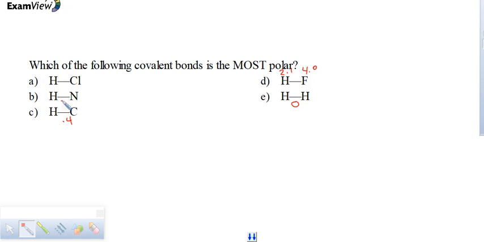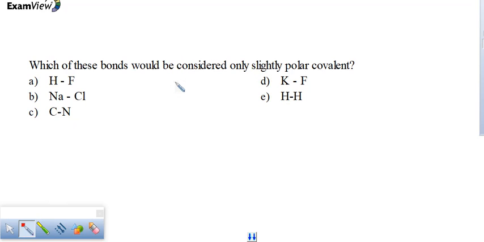This one could be a little bit bigger, maybe 0.9 difference. And chlorine is about probably 3.0, maybe 3.5 even. Maybe chlorine is 3.0 and 2.1. So see, but the greatest difference is between hydrogen and fluorine. This is like 1.9 difference. So the answer is this is the most polar. The most difference between these numbers makes it the most polar.